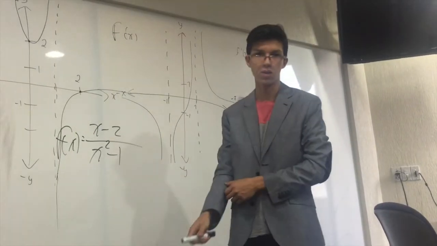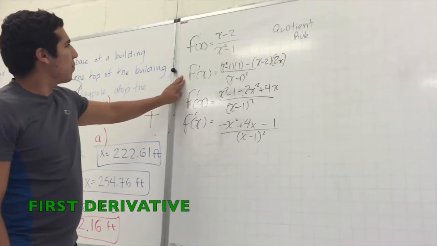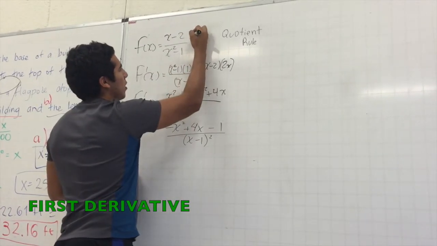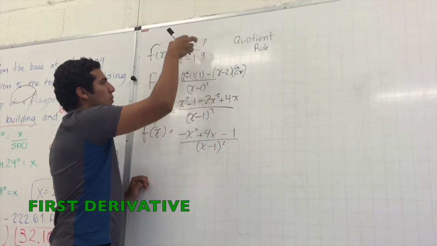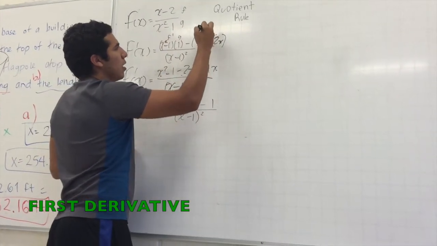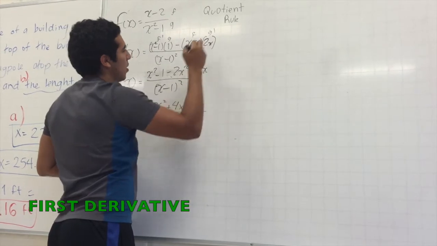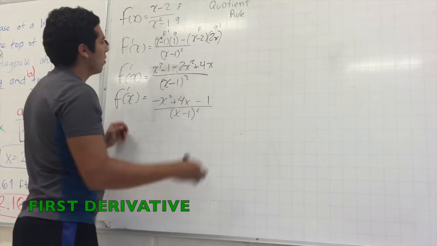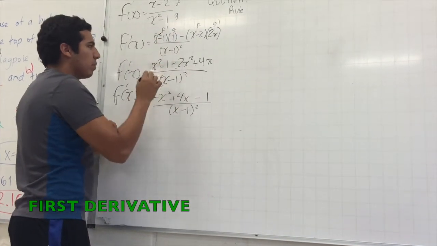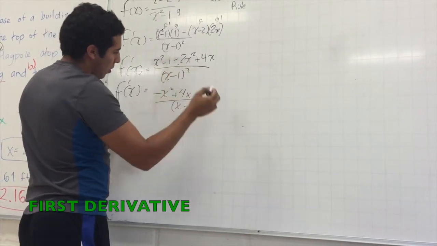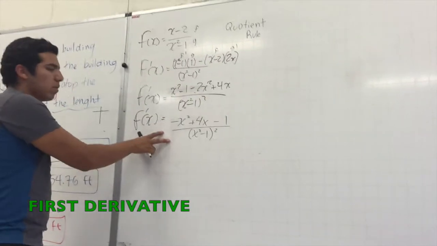The first derivative. To get the first derivative, we're going to use the quotient rule. So this is f, this is g. So this would be f prime g minus f g prime over g squared. Then we just solve. So we get x squared minus 1 minus 2x squared equals 4 over x minus 1 squared. Then we solve; that is the first derivative.